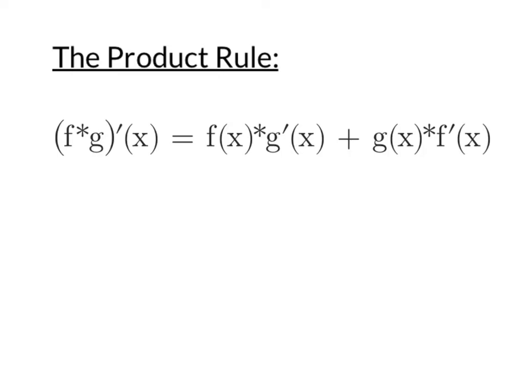When I was in college, I had somebody tell me this, and it was very helpful. What they said to me was, the product rule is 1 d2 plus 2 d1.